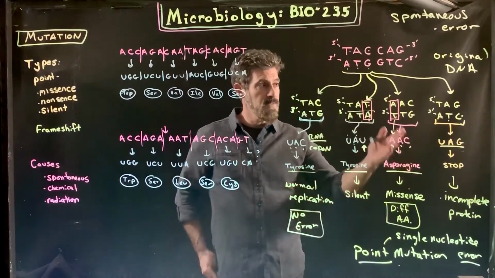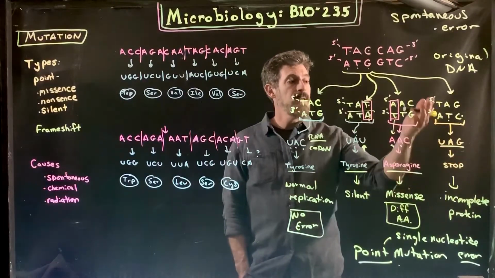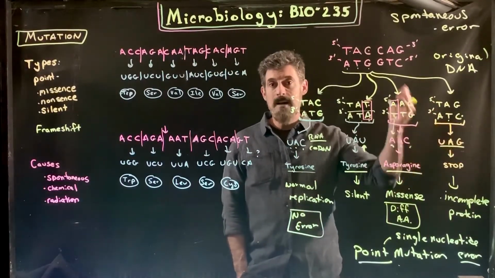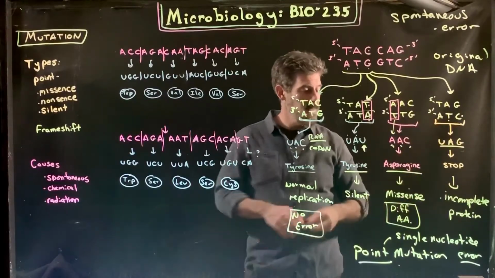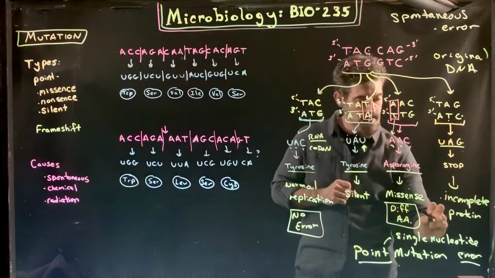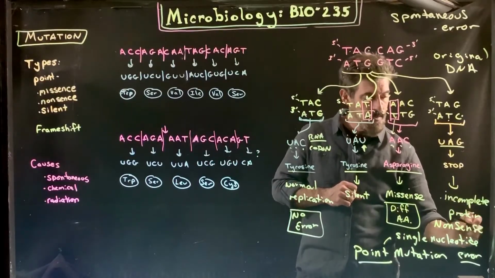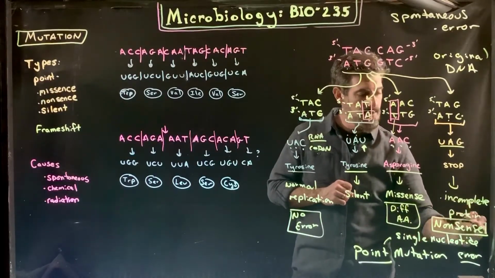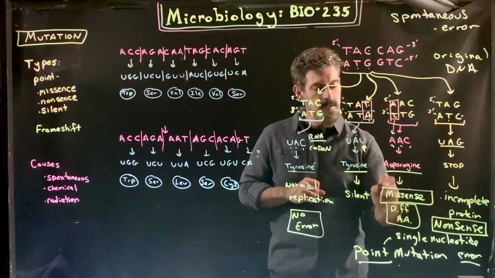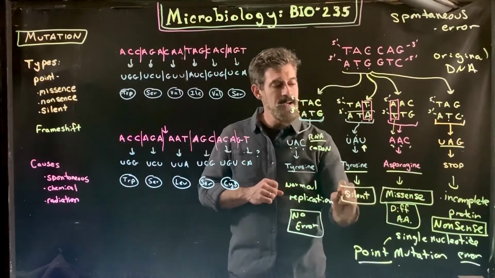So a stop codon that has been created by a point mutation, and this particular one, is called a nonsense mutation. So we have nonsense mutations, missense mutations, and silent mutations.